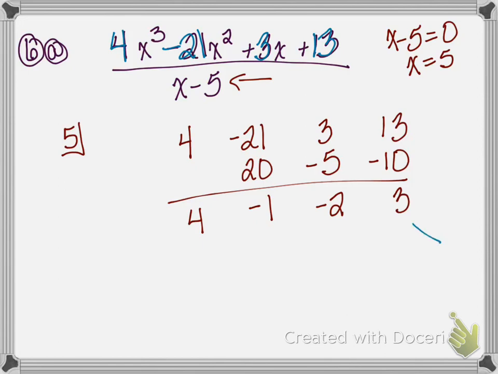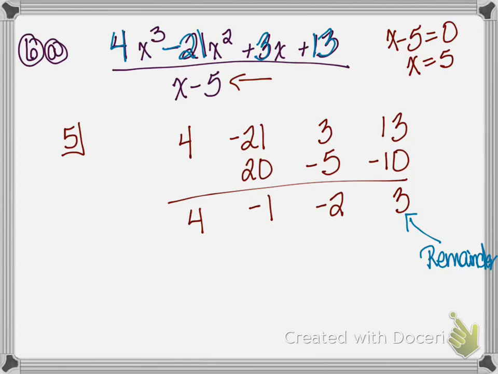So we do have a remainder with this. So again, there's another mistake on your page. I caught the second one, but I didn't catch this one. So this is going to have a remainder of 3.